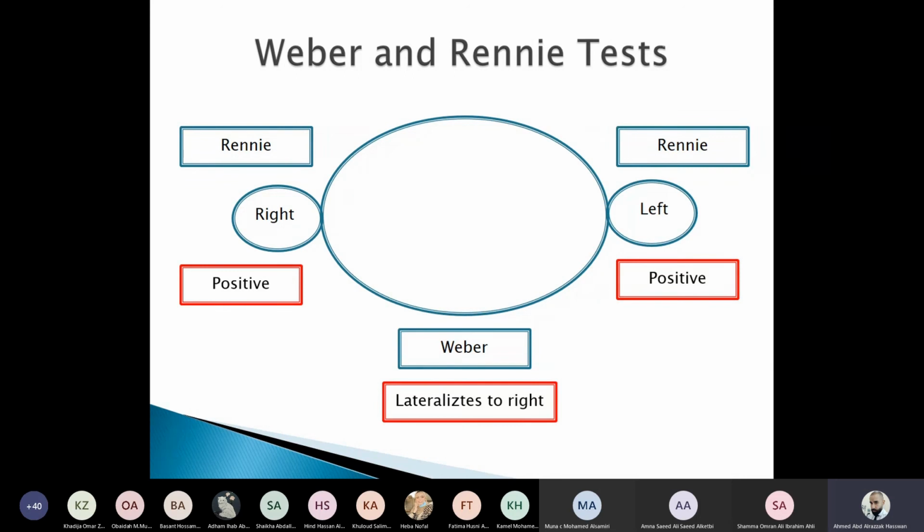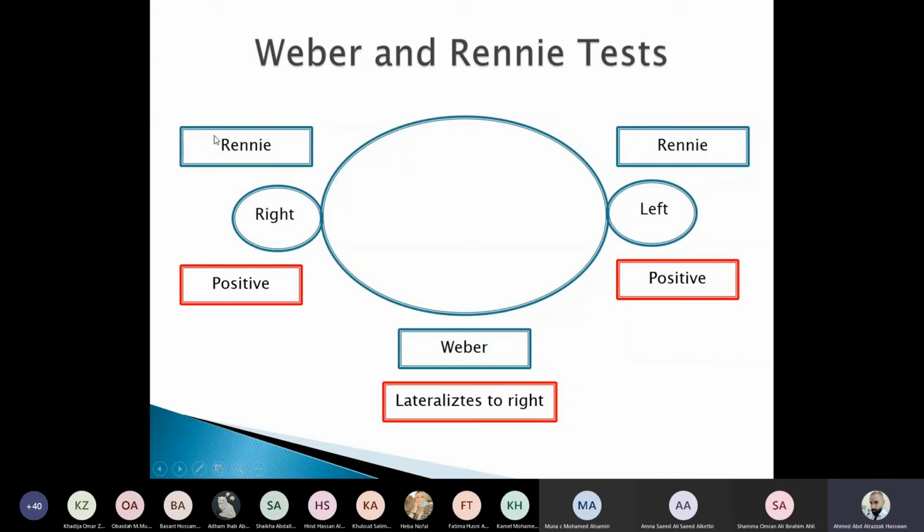So, I mean, we could do further testing if we want to, like if we're suspecting that this is really a sensory neural hearing loss. But simply what we want to do here is to interpret Weber and Rinne. So guys, I think some of you wrote left-sided sensory neural. So let's analyze this. Now Weber lateralizes to the right. So either the right side has conductive hearing loss or the left side has sensory neural.